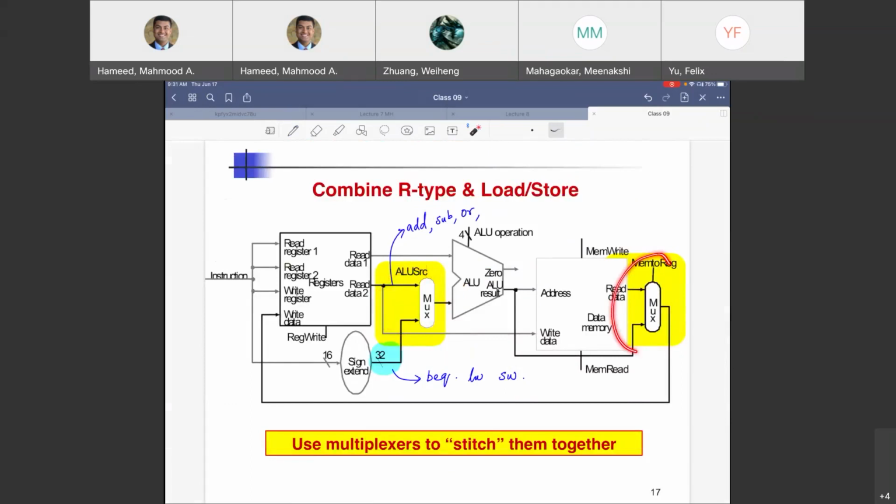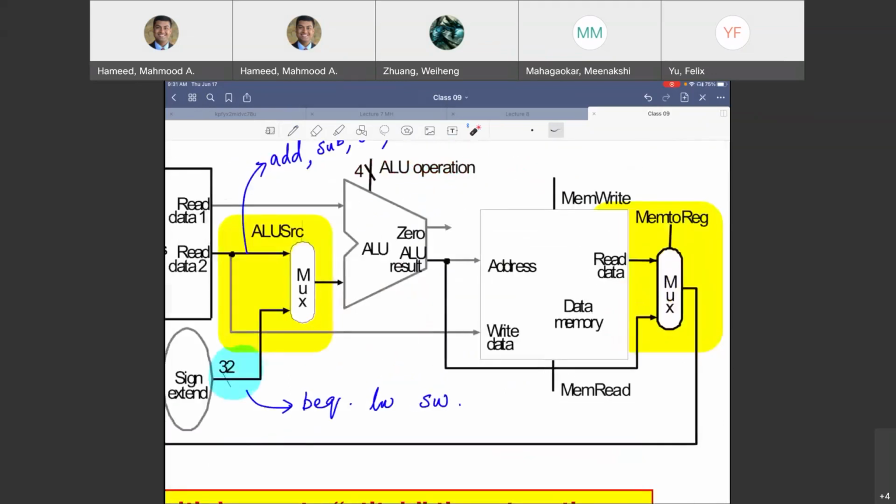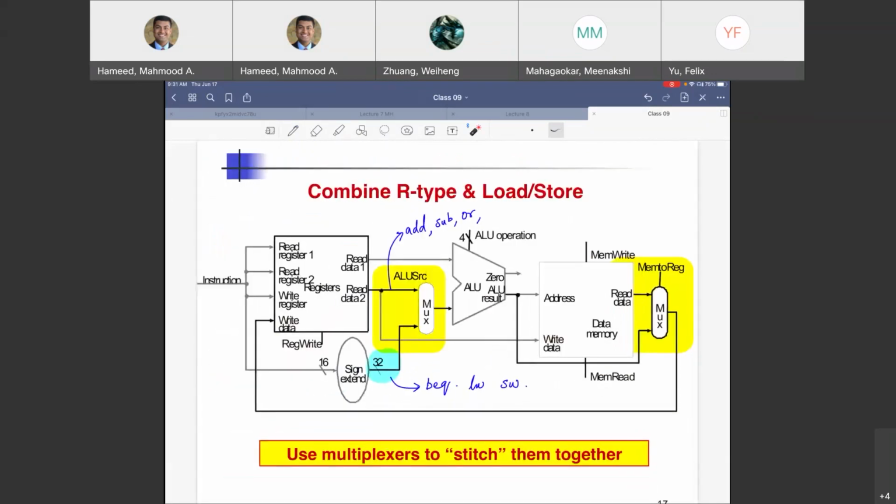Next, the memory to register. We talked about this a little bit. Whenever you are writing to the register file, those contents could either be coming from the memory or those contents could be coming from the output of the ALU.